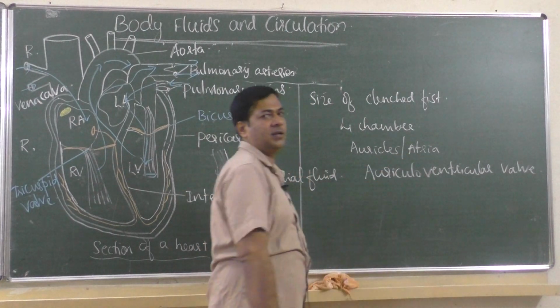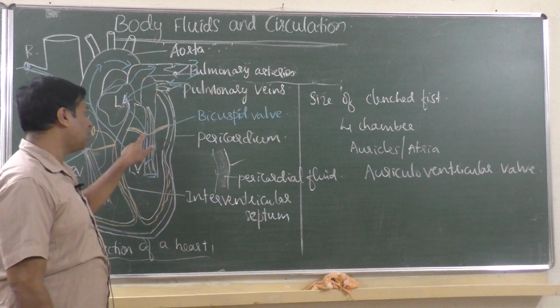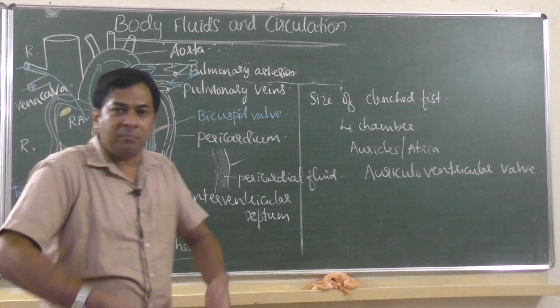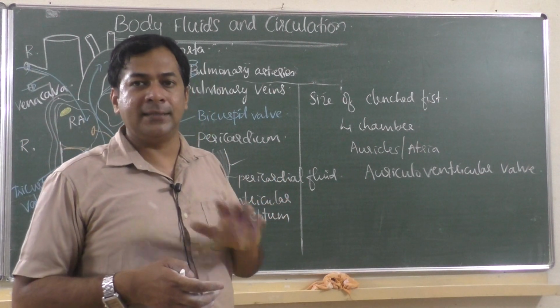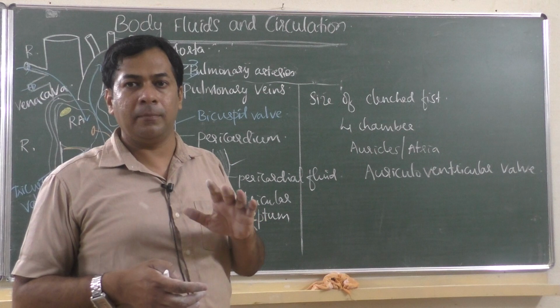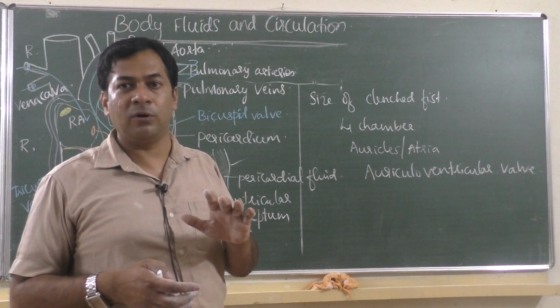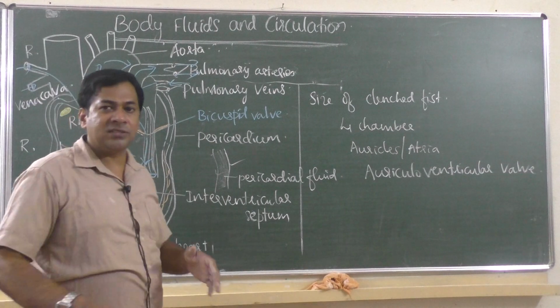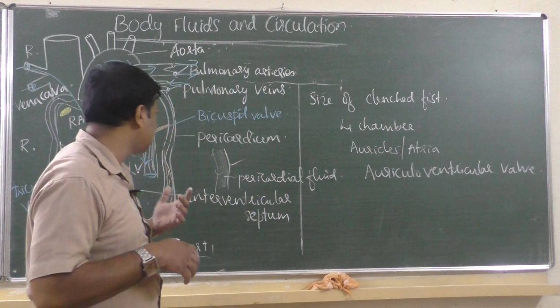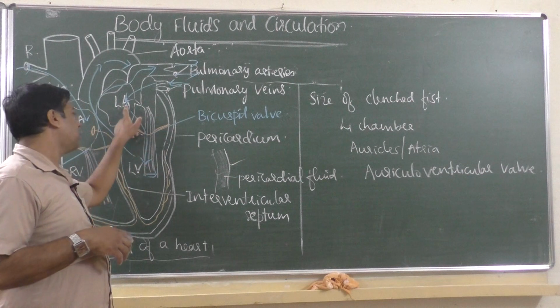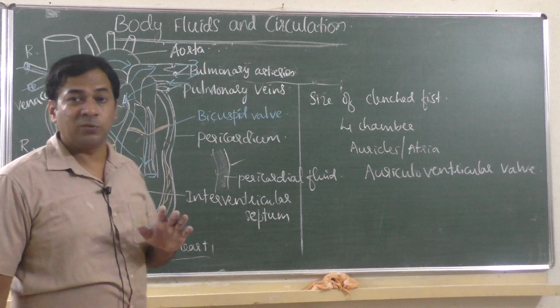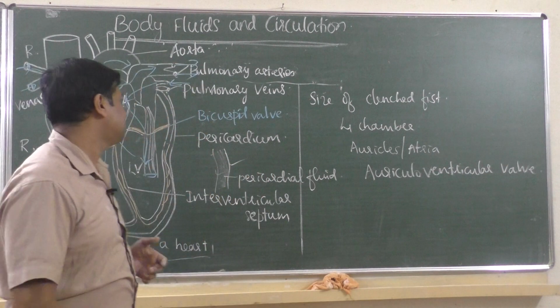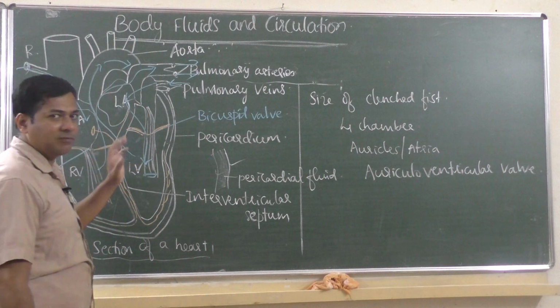Okay, atrioventricular valve. The function of that valve is it prevents backflow of blood. It prevents reverse flow of blood, that is, blood from the ventricle cannot go back to the auricle. By mistake I said water, it is blood. Here water is not flowing, it is blood flowing there.